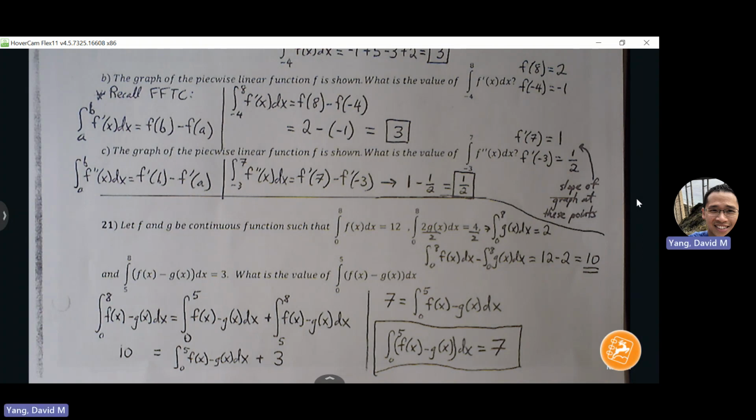If I let that be my baseline, then alternatively, 0 to 5 is equal to 0 to 8 minus 5 to 8. So if you think about it as three different things, if I know this part and this part, I can just add and subtract to get to what I'm looking for.